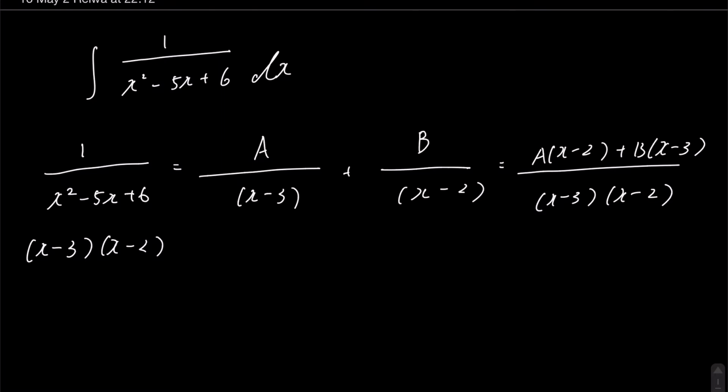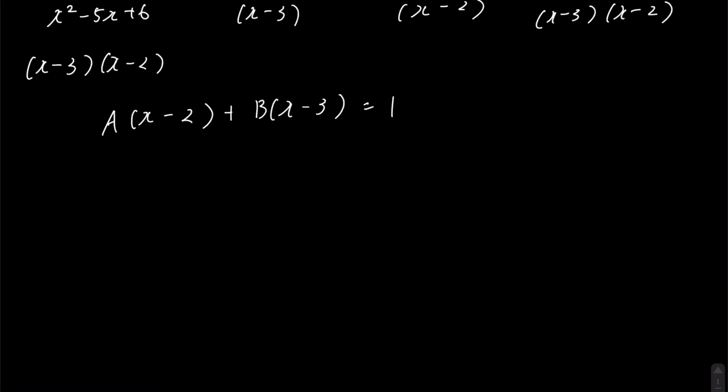So let's do that. We are going to use just the numerator now. Okay, from now we have to find a and b. So how do we do that? Let's make x equal 3 so that we can cancel the value of b.